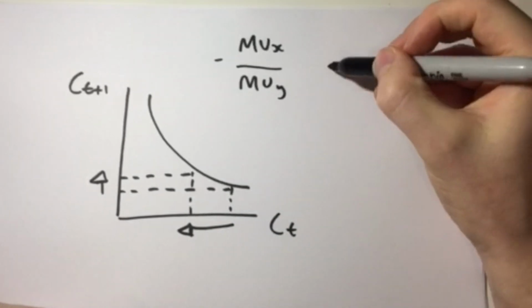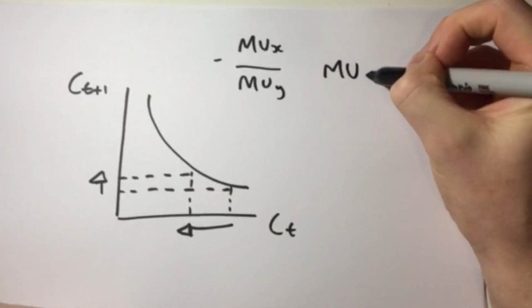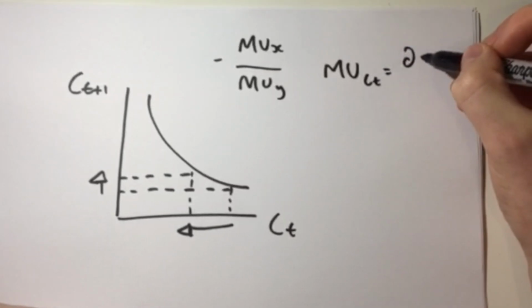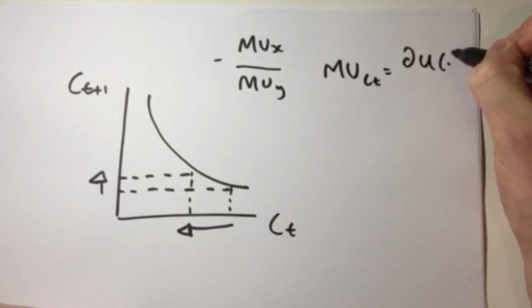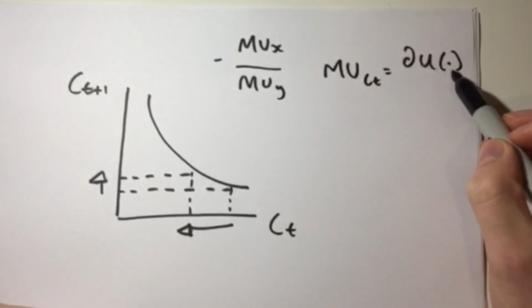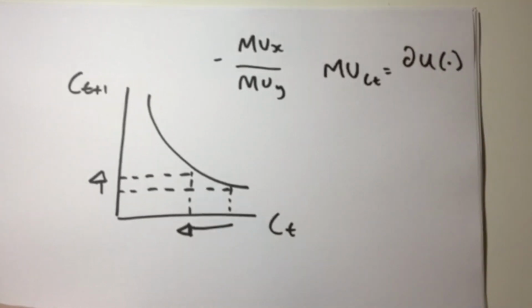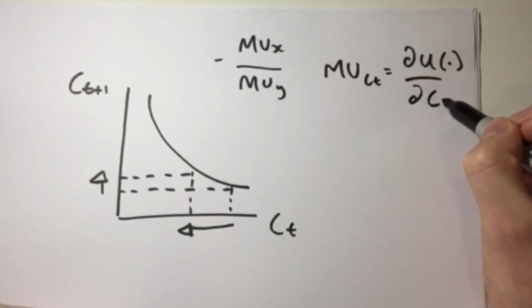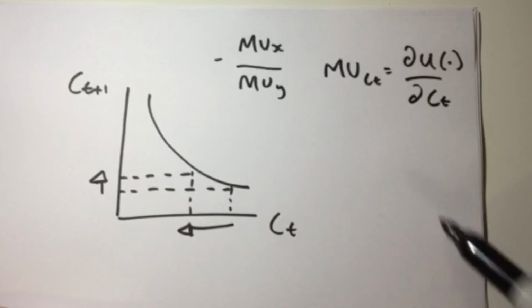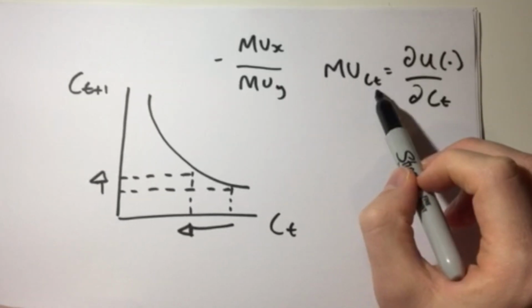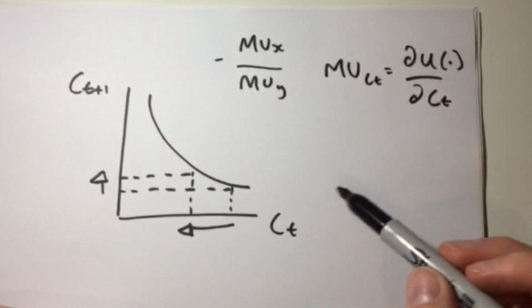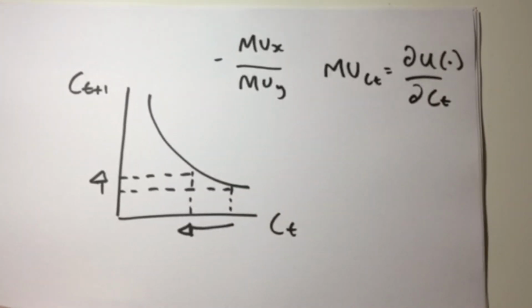And the marginal utility of CT, to be more specific, is going to be the derivative of our utility function, which we'll call u dot, this is just u of CT and CT plus 1, and we're going to take the derivative of this with regards to CT. So we're going to have marginal utility of CT over the marginal utility of CT plus 1. That's going to be the slope of our indifference curve.